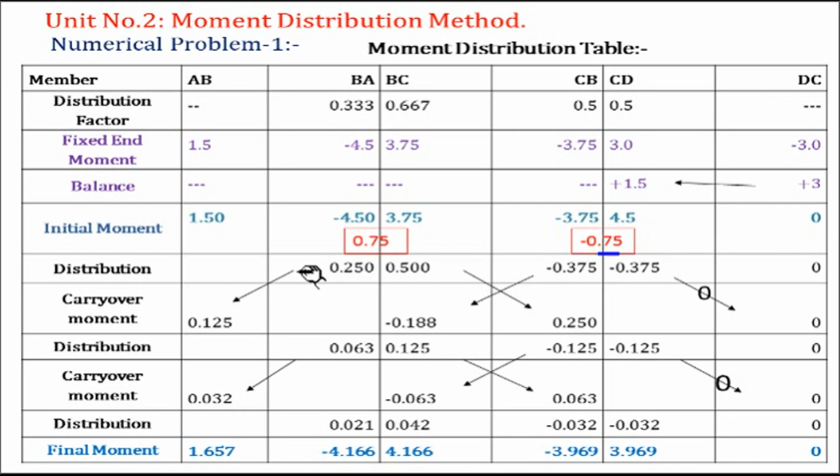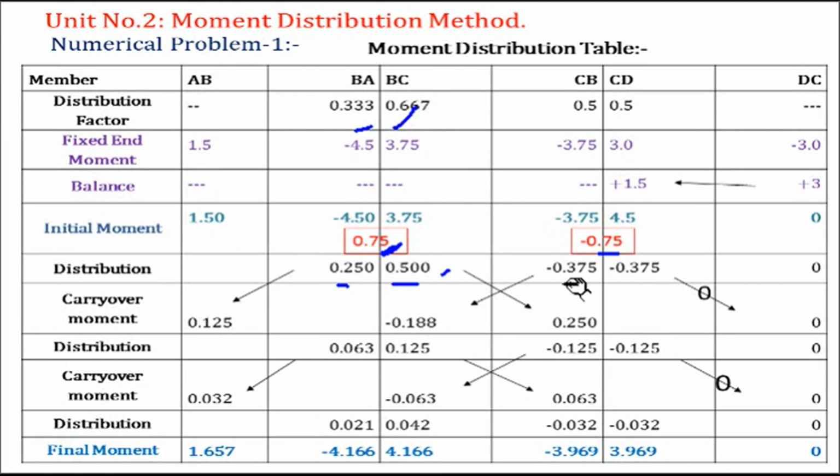Now next step, so correction moment is 0.75 into distribution factor 0.333, we will get distribution moment 0.250. Now find out distribution moment for BC. So this corrected moment or unbalanced moment 0.75 into distribution factor is equal to distribution moment 0.5.